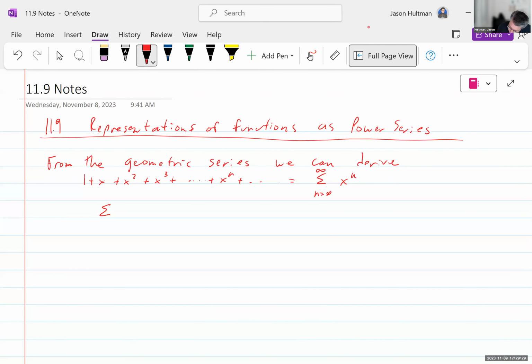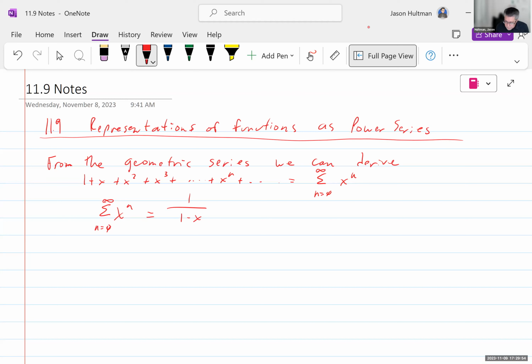This is the summation as n equals 0 to infinity of x to the nth. And this becomes 1 over 1 minus x, as long as the absolute value of x is less than 1.